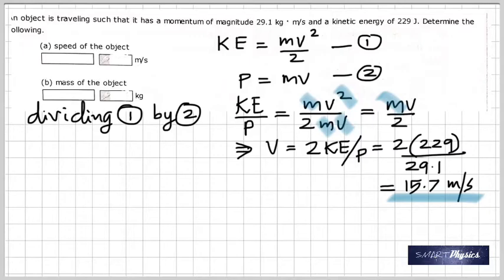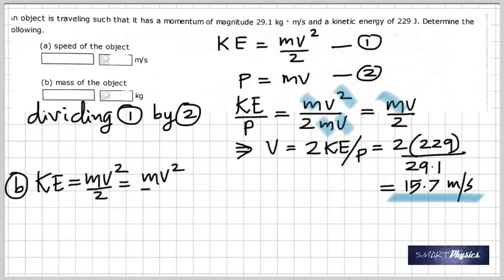But now you have to find the mass of the object. We do know that kinetic energy is mv squared by 2, and we can actually square this whole term. Here I'm multiplying by m and dividing by m on both sides. The idea is to get the m to be squared, as you will see.